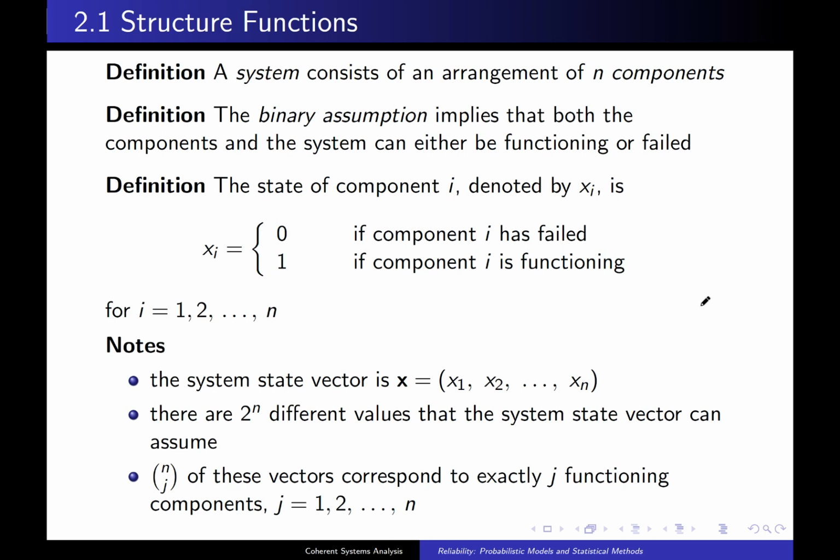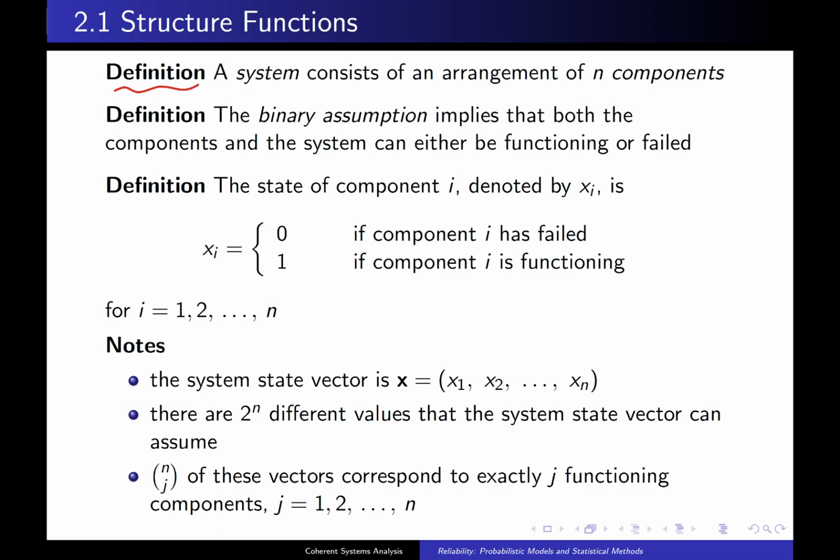We begin with a number of definitions. The first definition, a system is an arrangement of n components. And when we draw block diagrams on the slides that follow this one, those block diagrams will have the components as a square box, usually with a number on it.